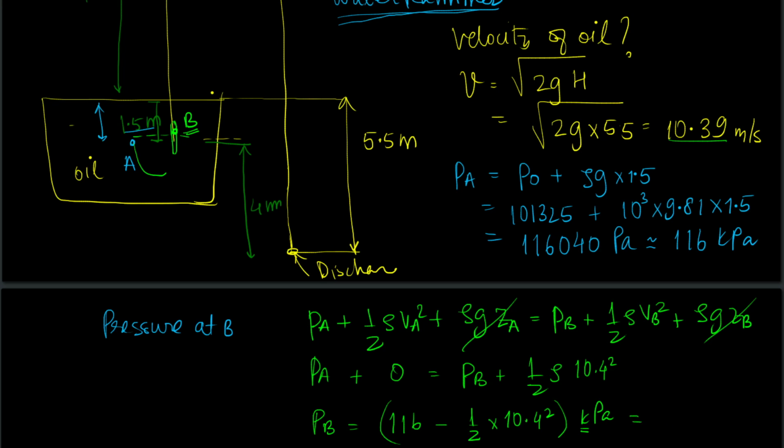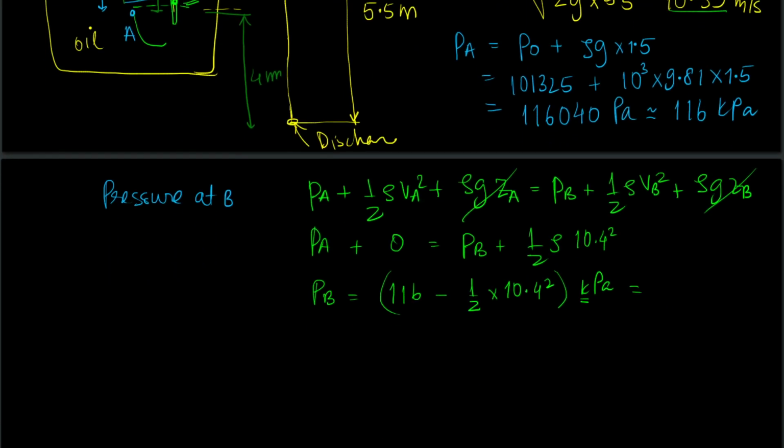It's not a very tricky calculation. Kilo is 10 to the power 3 and density is also 10 to the power 3. So this value comes out to be 116 minus half of 10.4 squared, which is 61.92 kilopascal.